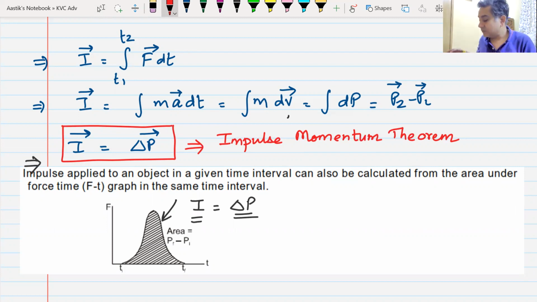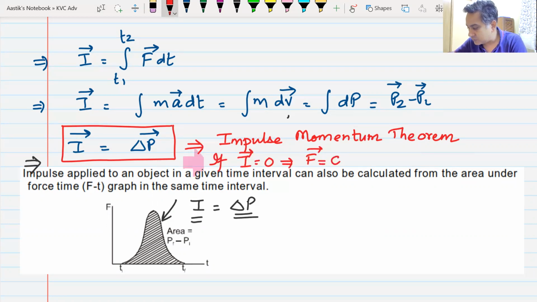Okay. Now, from here, you can also write this small statement. If impulse is zero, which implies that the force acting on the particle is zero, which implies that the change in momentum of the particle would be zero, which implies that the momentum of the particle or the system will remain constant.